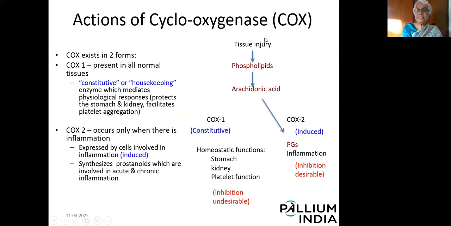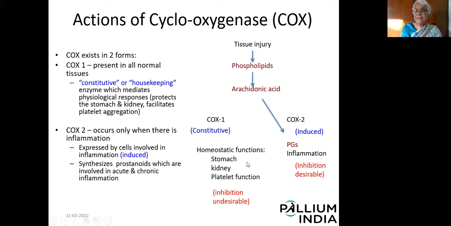Now, cyclooxygenase exists in two forms. One is COX-1, which is a constitutive or housekeeping enzyme, which mediates all the physiological responses of the body. It protects the stomach and the kidney, and facilitates platelet aggregation. So it is essential for our homeostatic function. But there's another enzyme, COX-2, which occurs only when induced, when inflammation has occurred.